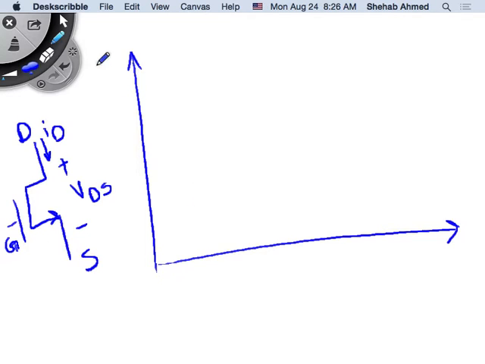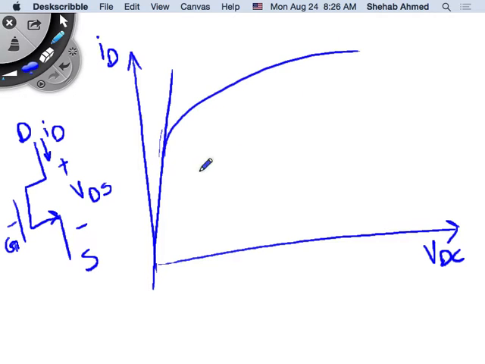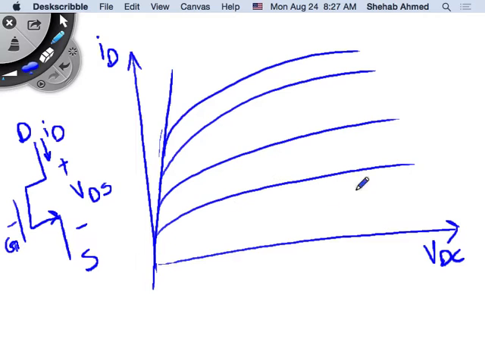And when you operate the device as an amplifier, basically there was this set of curves, the characteristic curves of this MOSFET device.